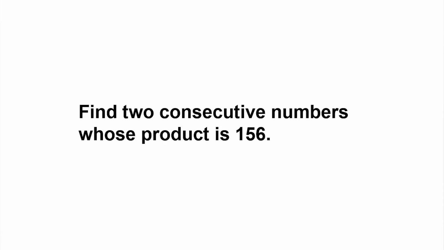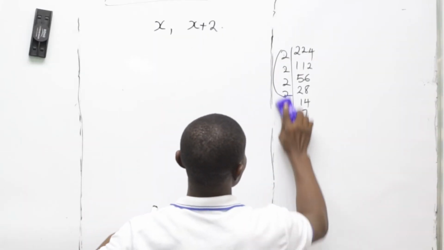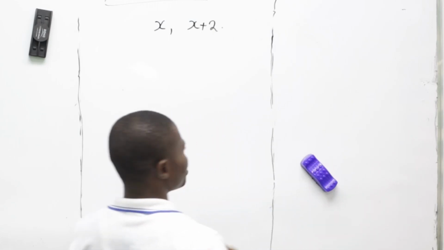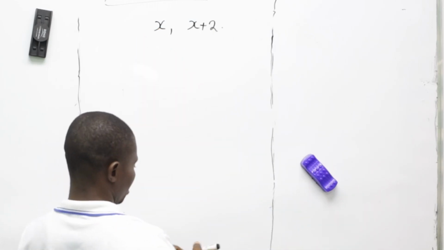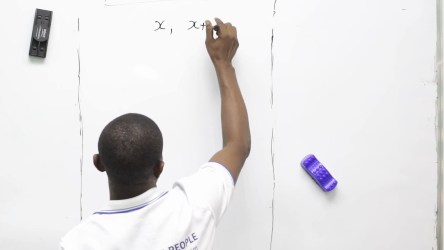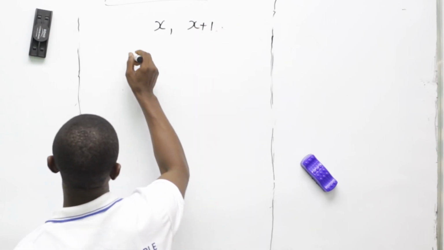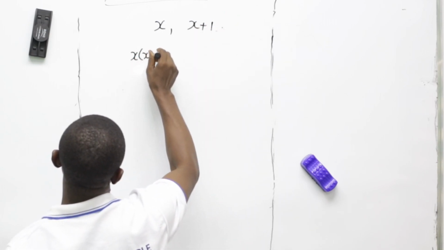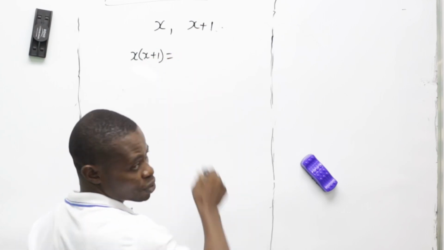Now, look at how we're going to do it. For odd or even, I said plus 2. For ordinary consecutive, x, x plus 1, no longer 2 again.